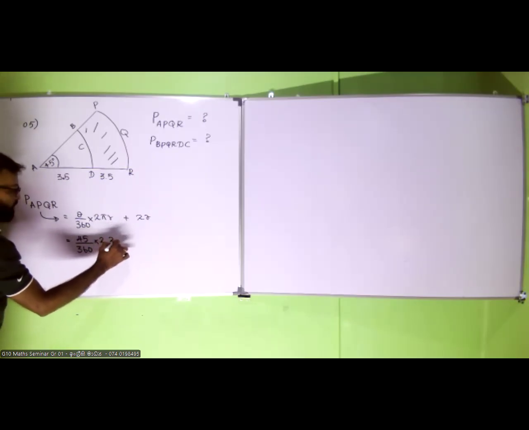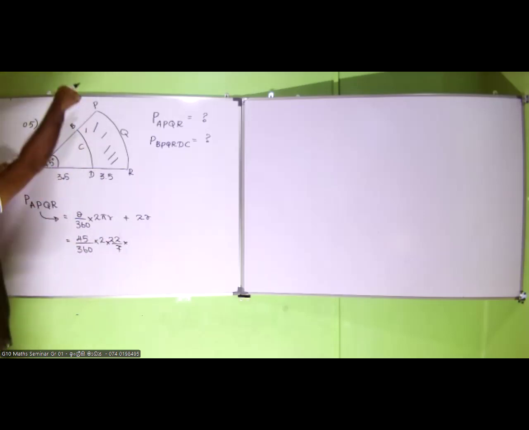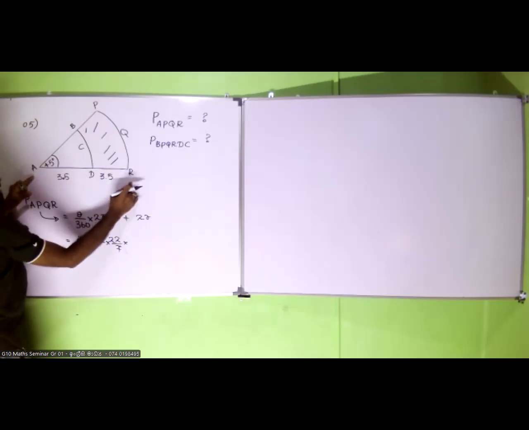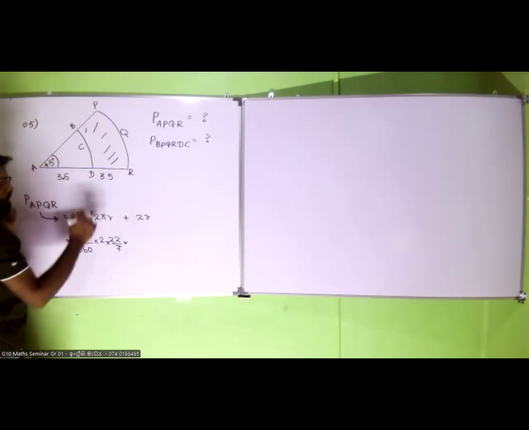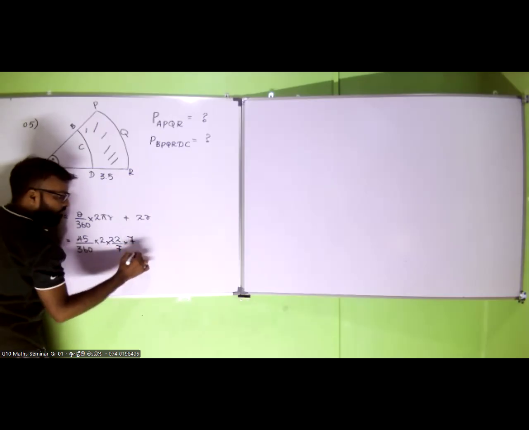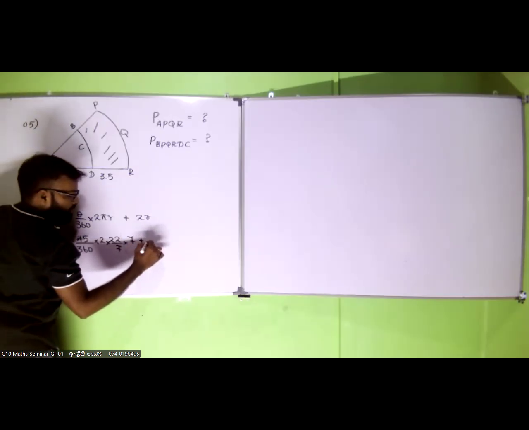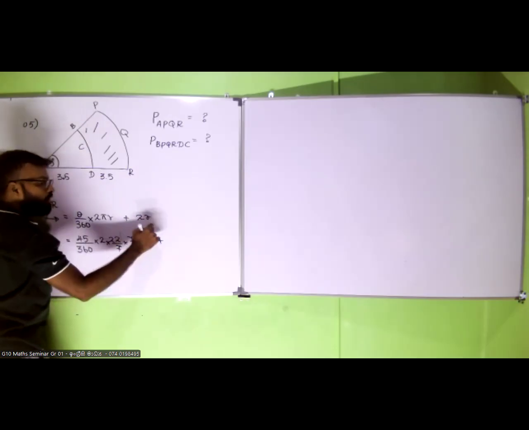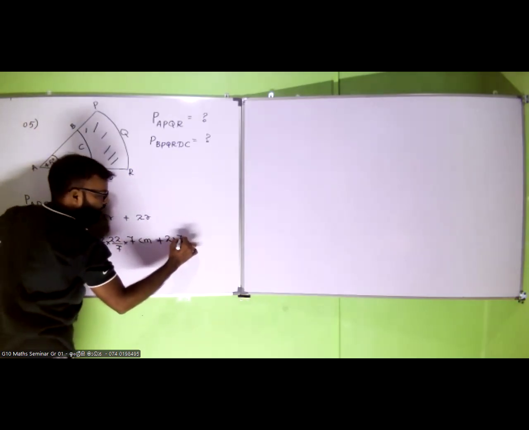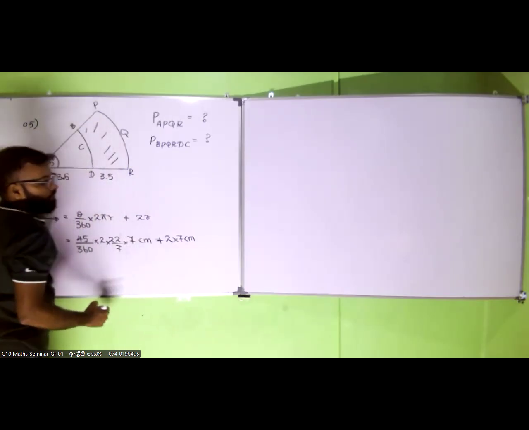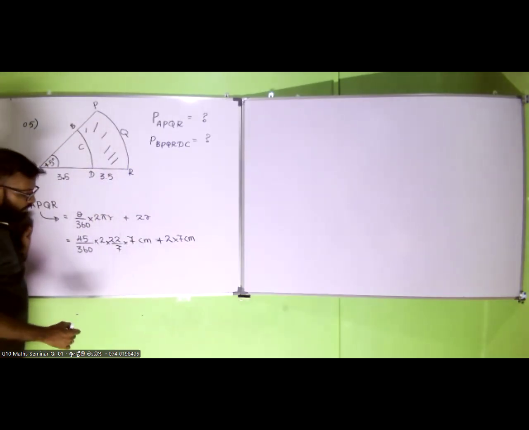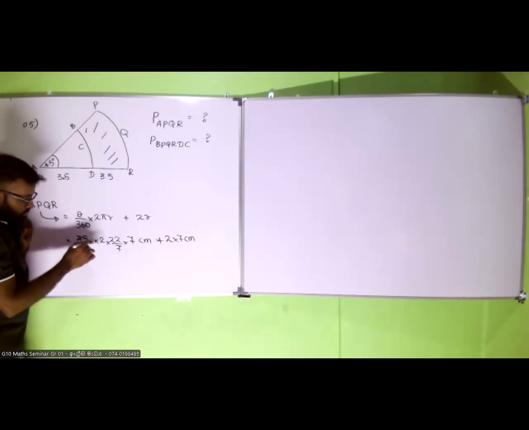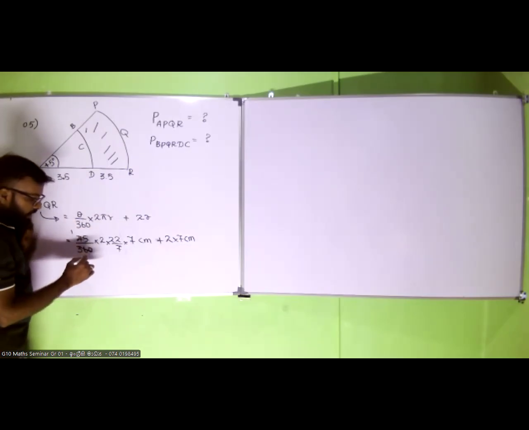π means 22 upon 7. R means this total length, the radius, 3.5 plus 3.5, which is 7, in centimeters, plus 2 times 7. Right, simplify. 45 times 1, 45 times 8.